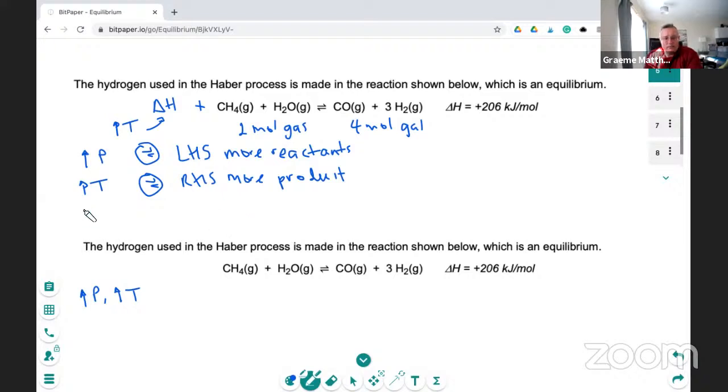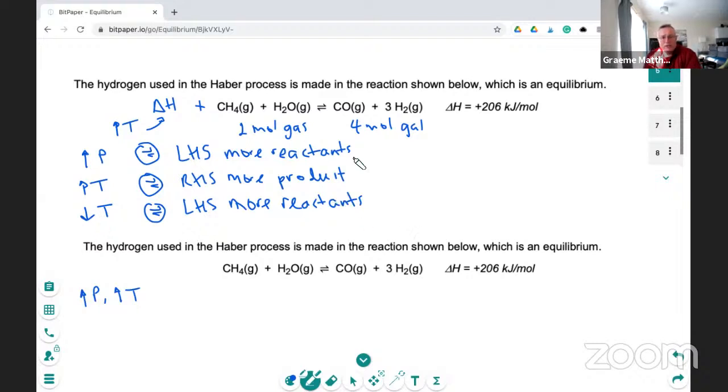Let me make sure we got the one with temperature correct. If I decrease the temperature, so I'm taking away the enthalpy, then my equilibrium position is going to move over to the left-hand side, and I'm going to make more reactants. So there you are: one example was exothermic, one example endothermic.